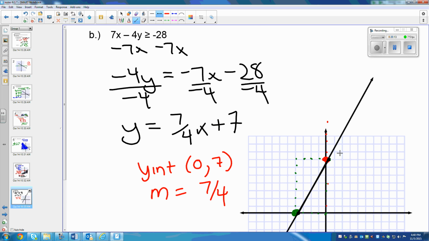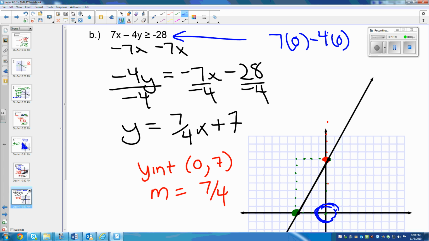And now we just have to decide what side of the inequality we are covering. Notice my favorite point is open. It's not always open, but if it is, (0, 0) is nice. So plugging it in, I'm just going back to the original question. You can do it right on the bottom. I'm not scrolling down, I'm being lazy right now. I'm going to plug 0 in for x, 0 in for y, and it's greater than or equal to negative 28.